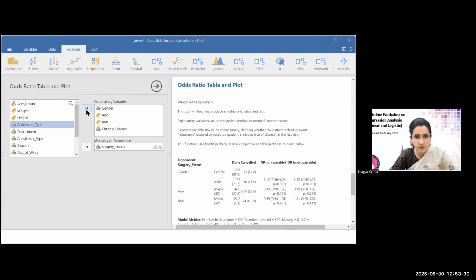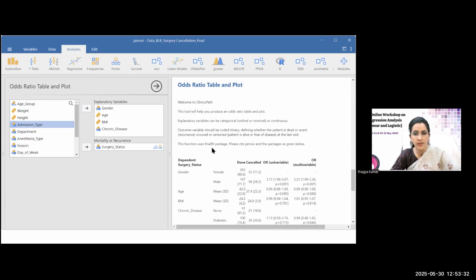Chronic disease, it was not taking. Now it is taking. See, that underscore was not there. Many times in JAMOVI, you should have some sign in between. Generally you should put an underscore if there are 2 separate words, like chronic and disease. So that's why it was not taking initially.